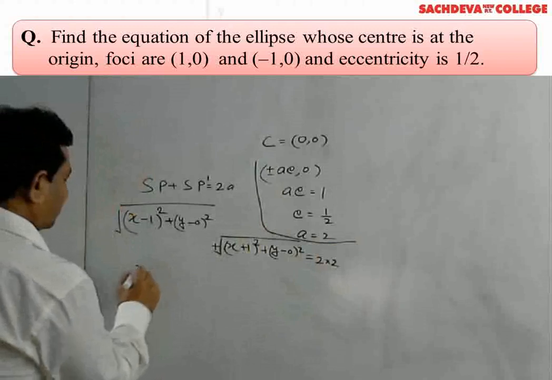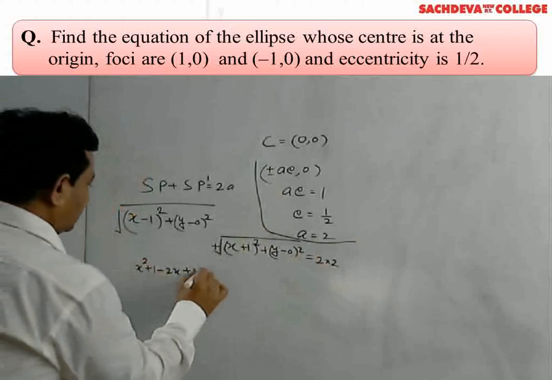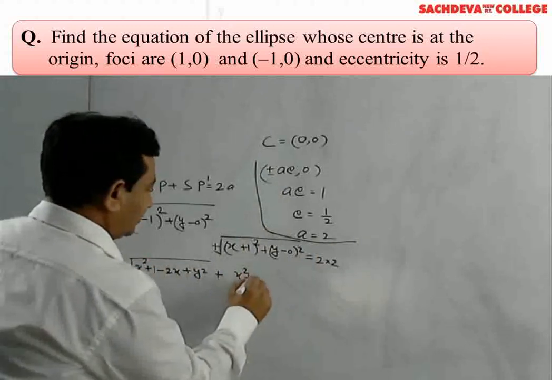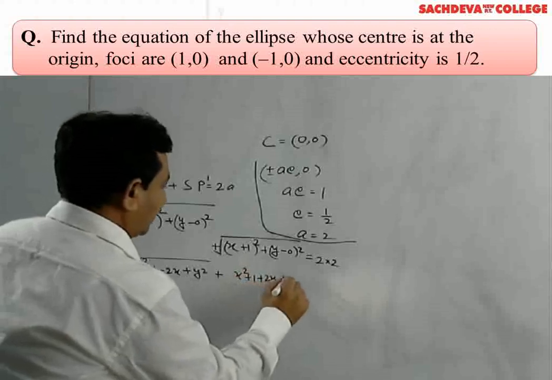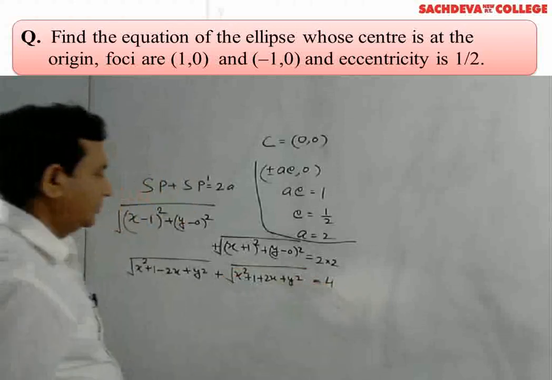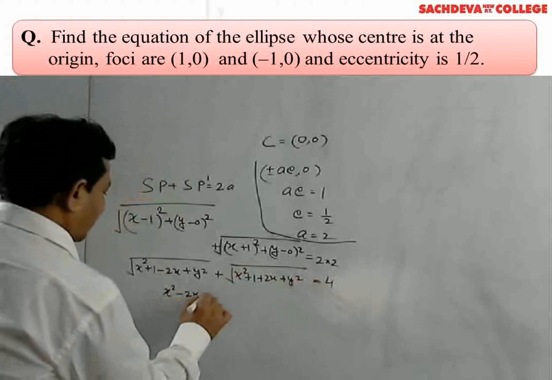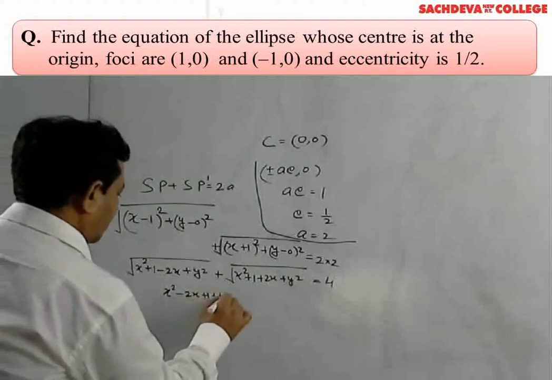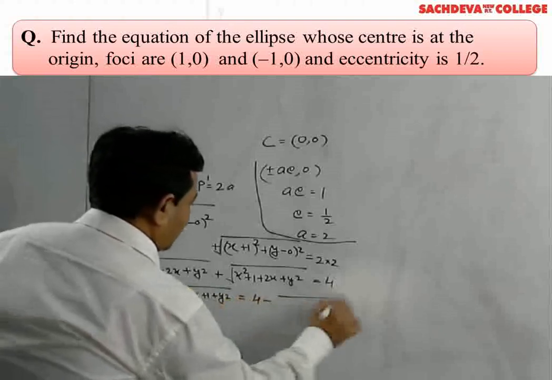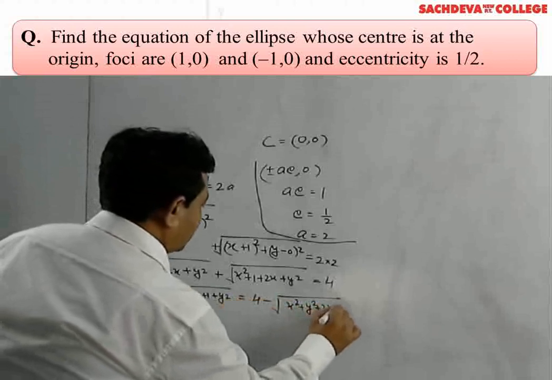So root of x square plus 1 minus 2x plus y square plus root of x square plus 1 plus 2x plus y square will be equal to 4, or root of x square minus 2x plus 1 plus y square will be equal to 4 minus root of x square plus y square plus 2x plus 1.